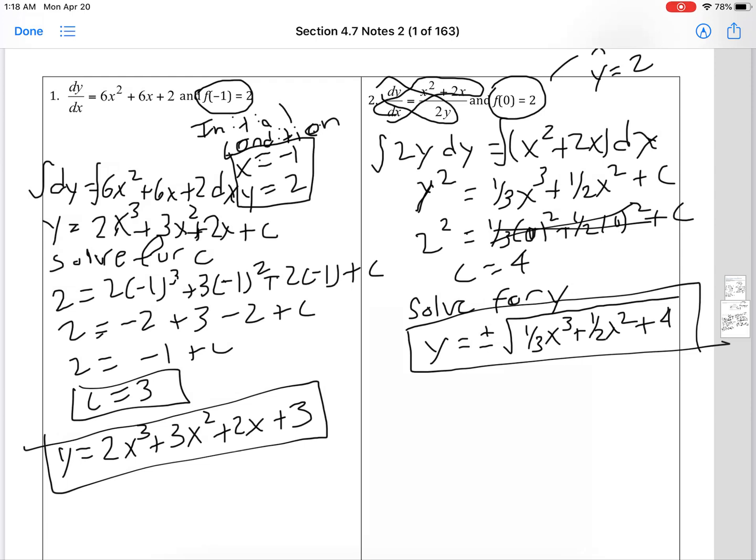Number 2, what makes it a level up is that you have to be a little bit more intentional about the separation of variables and recognize the need to cross multiply. And when you do integrate on both sides, you get y squared but not y. But after you find your plus c, then you can go back and solve for y and incorporate for your plus c that 4.